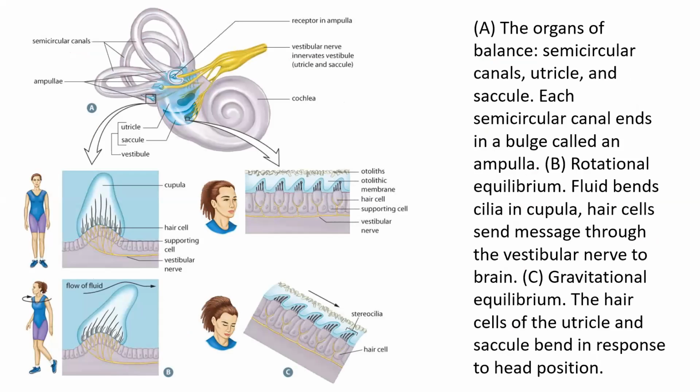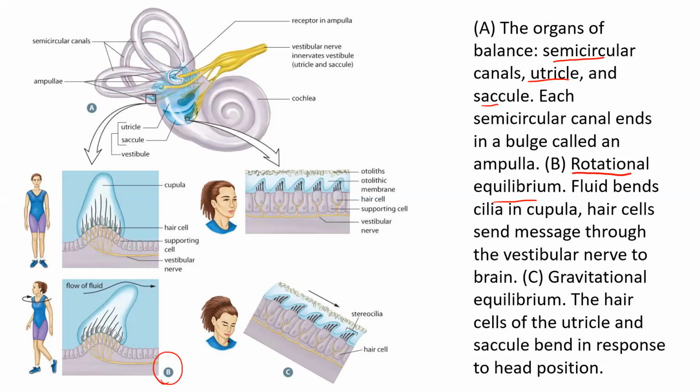Okay, so this is showing the difference, and this is just a diagram in your book, right? We're going to say the balance: semicircular canals, utricle and saccule. And here we go, B is rotational equilibrium. I'm going to spin around. I'm so happy, okay?